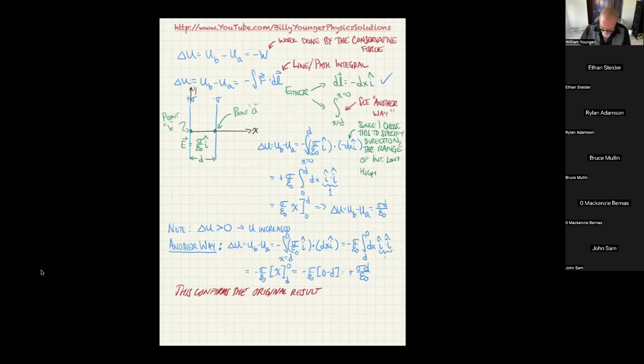We also discovered something else by doing this integral. I'll go ahead and mention it here.